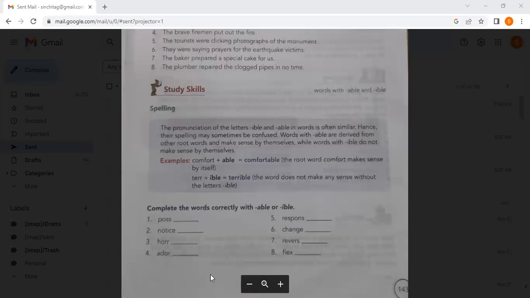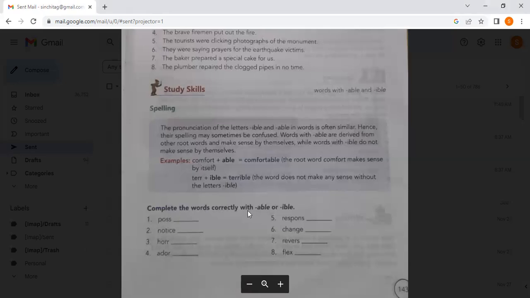Okay, now tell me number 6, beta. Changeable. Change plus able. Very good. Now number 7. Reversible. Revers plus ible. Very good. Number 8. Flexible. Flex plus ible. Excellent. Super.